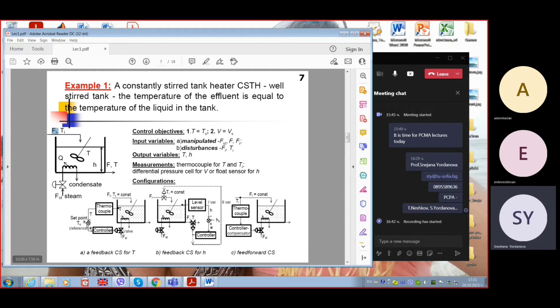So if we change the set point, so we have to increase temperature, for instance, then some of the liquid may get evaporated, so the level will be reduced. So there is interconnection between these two variables.